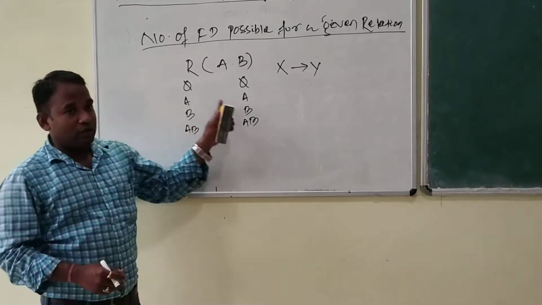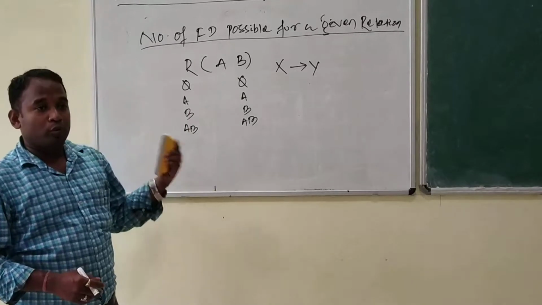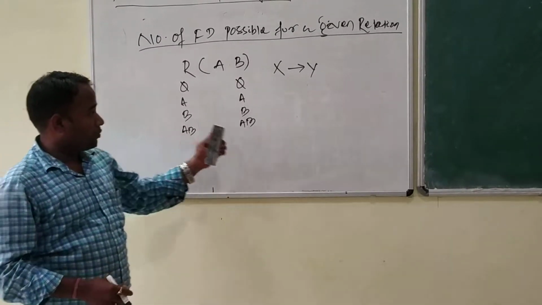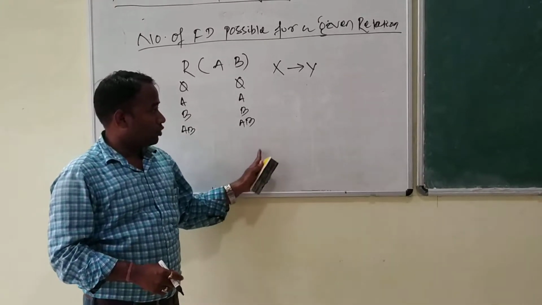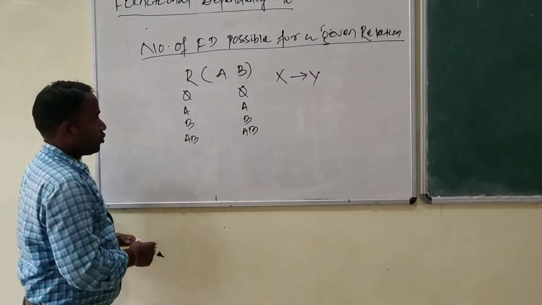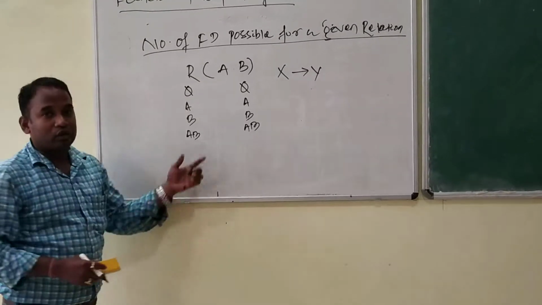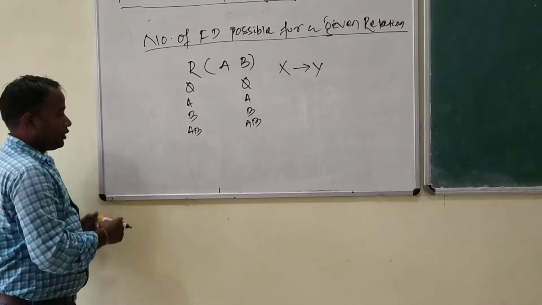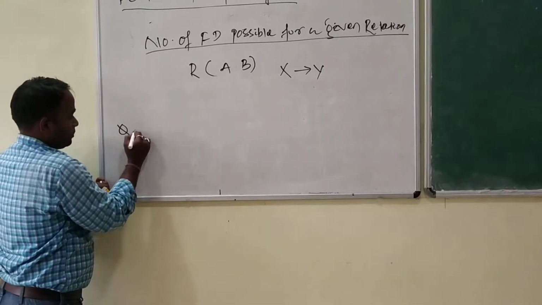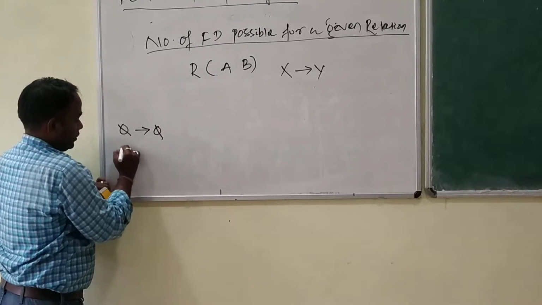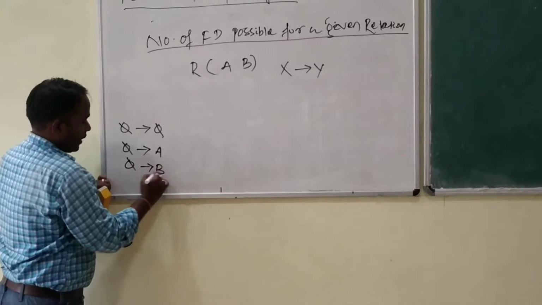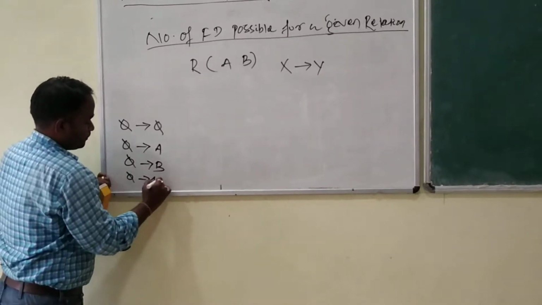However, not all of these functional dependencies are going to be of the same kind: some are trivial, some non-trivial, and some semi-trivial. The possible functional dependencies are: phi determines phi, phi determines A, phi determines B, phi determines AB.